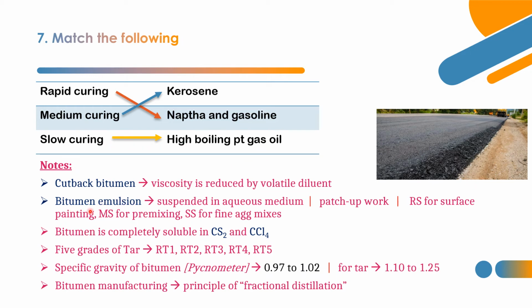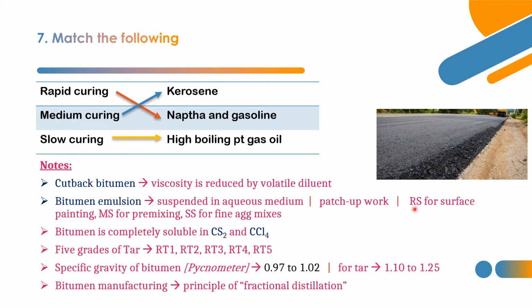And there is another thing called bitumen emulsion. That is nothing but bitumen suspended in aqueous medium. That will be used for patching up works. There are three types: rapid setting, medium setting, and slow setting.